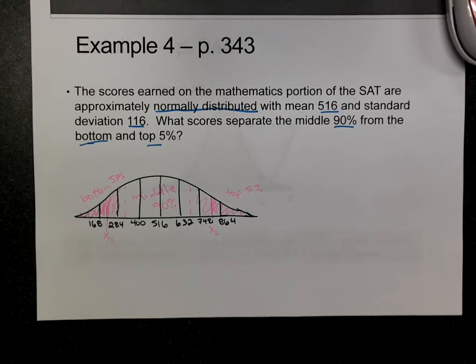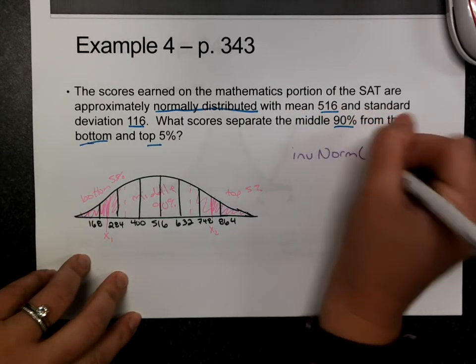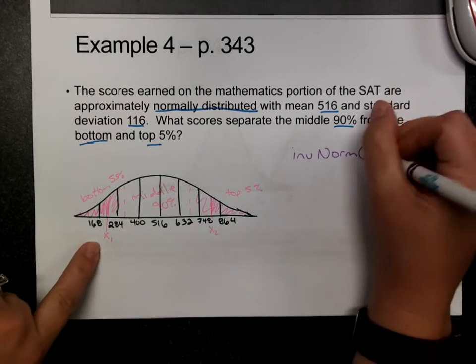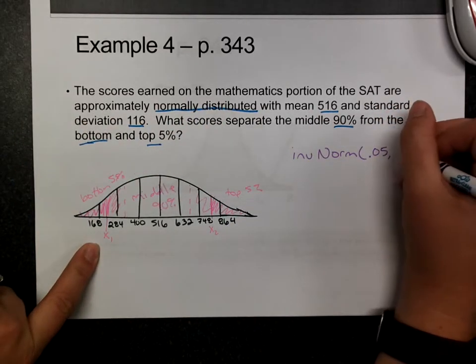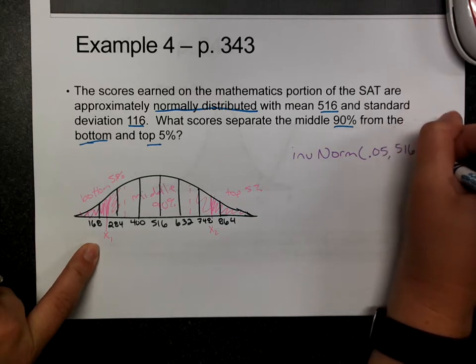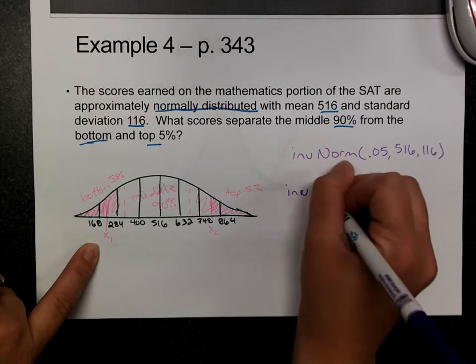So we can use inverse normal. For the bottom 5%, we'll just put in 0.05 because that's to the left, and then the mean and the standard deviation. And we'll do this again.